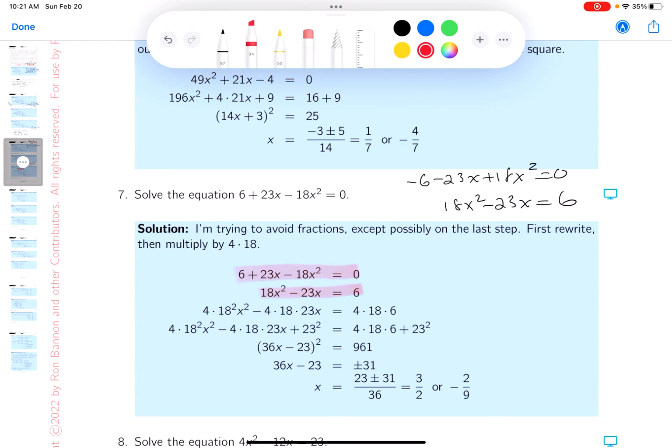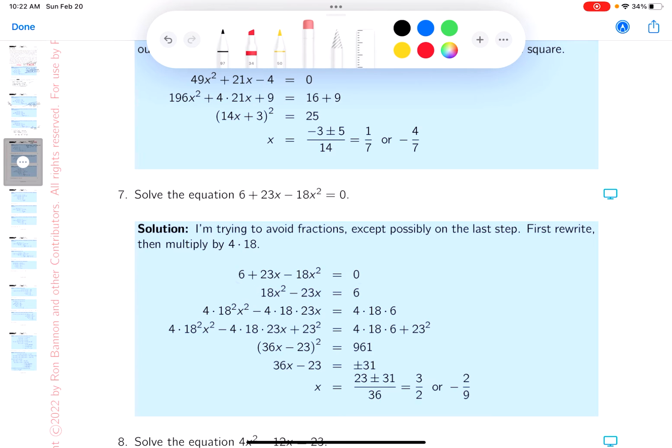So now I understand where that came from. Let me get my eraser out. So I'm at that step here, 18x squared minus 23x minus 6. I feel good about that. If I were studying this key, I could definitely get to that step. All right, now the question is, how do I get to the next thing?